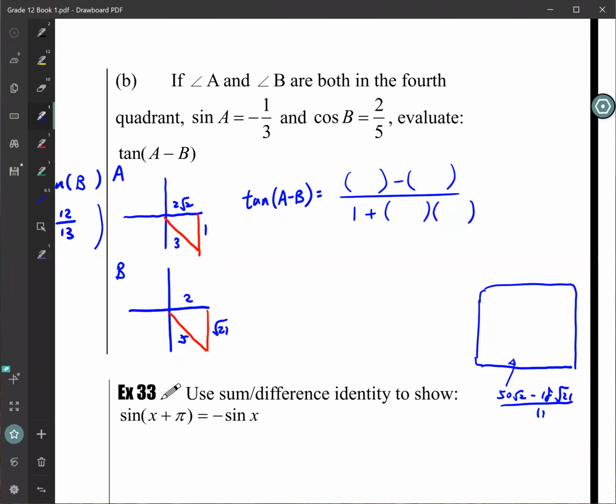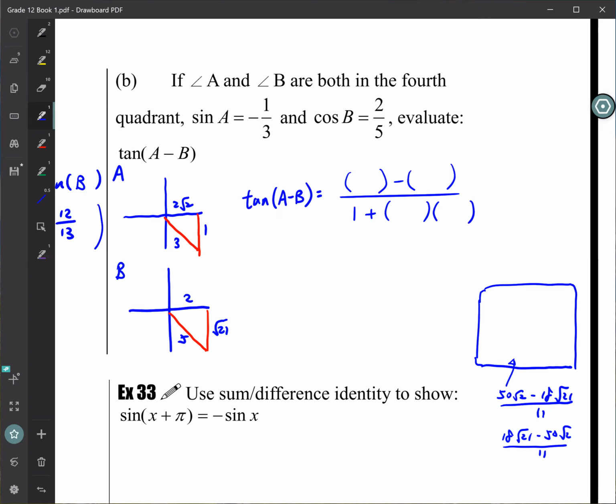It's okay. Wait, I probably didn't finish it. Okay. Iray, what's yours look like? I got 18 root 21 minus 50 root 2 over 11. It's probably wrong, but it's like the opposite. Flipped around, huh? Okay.